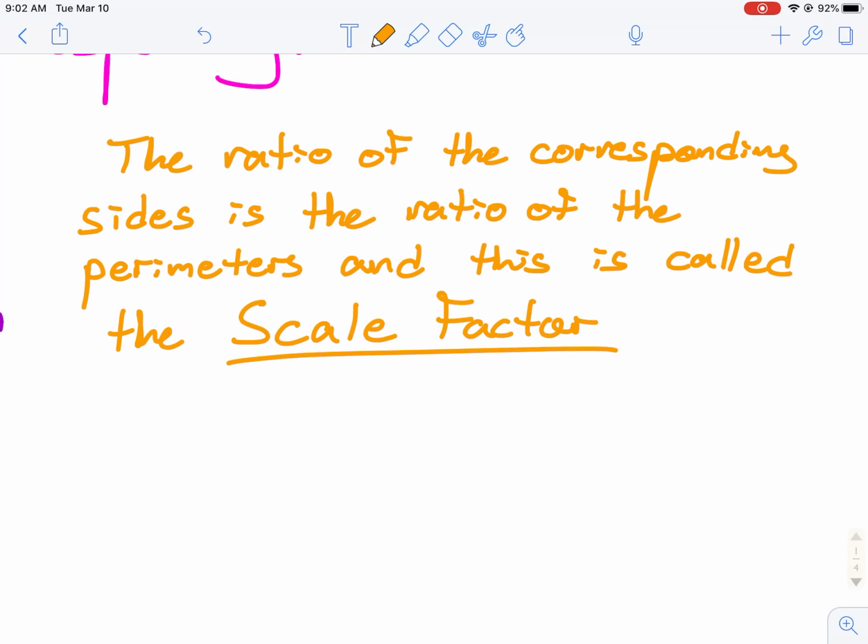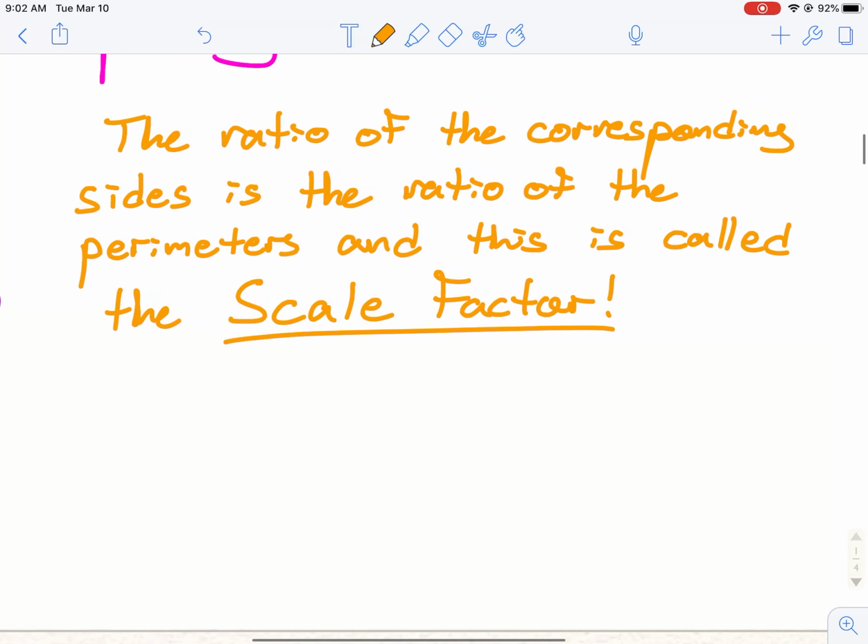That is an important term for us to know, what a scale factor is. So the ratio of the corresponding sides is the ratio of the perimeters, and this is called the scale factor.